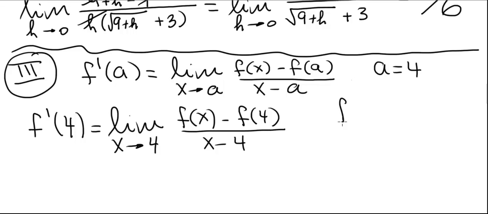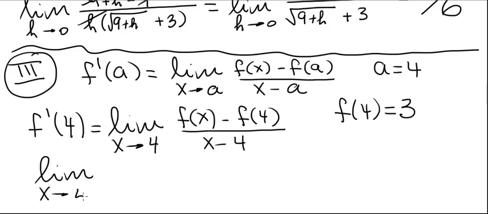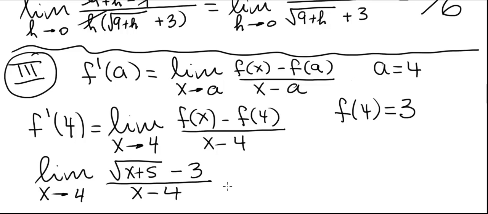Now we already know from before, we plug in 4 for x into the function, we get square root of 9 or 3. So this is equal to the limit as x approaches 4 of f of x, which is square root of x plus 5, minus f of 4, which is 3, divided by x minus 4.